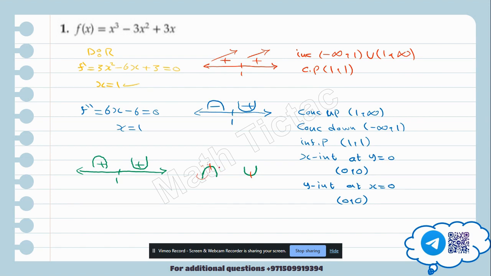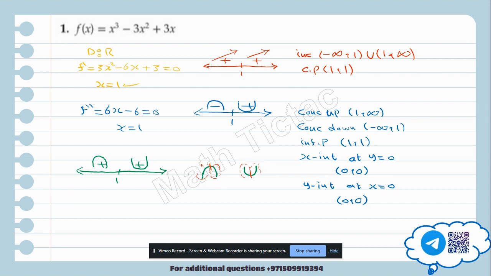If you have decreasing and concave down, you will choose this part of the graph. If you have decreasing and concave up, you will choose this part from the graph. If you have increasing and concave up, you will choose this.